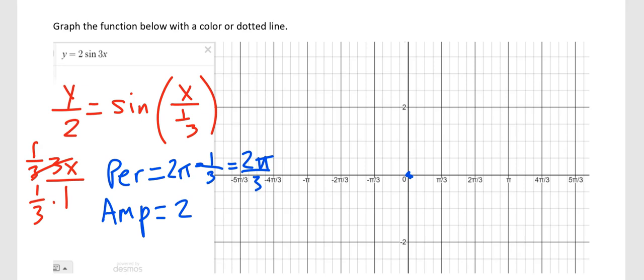How far to the right should I go before I find the point where it starts the cycle over again? 2 pi over 3. So you should have an entire cycle in between those 2 dots.